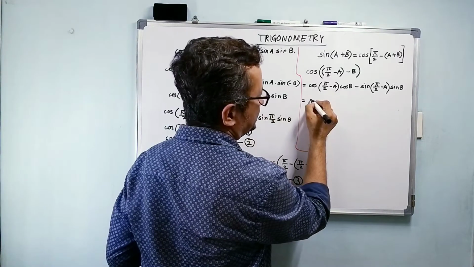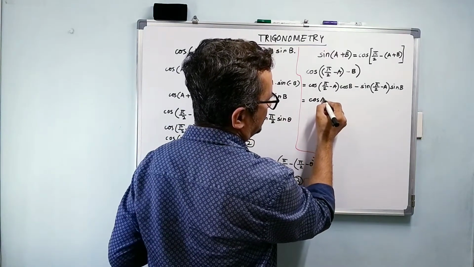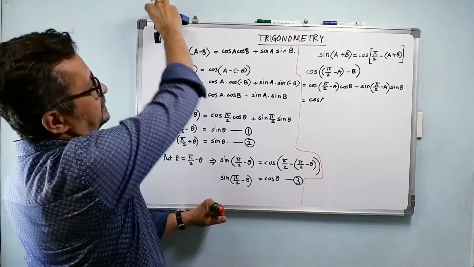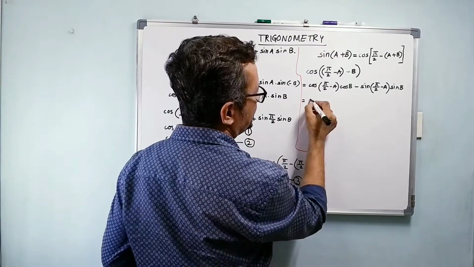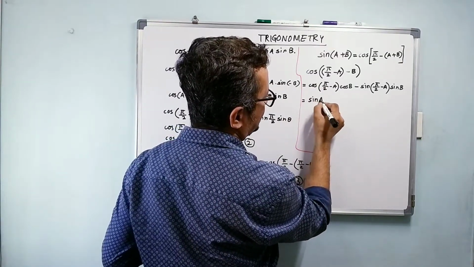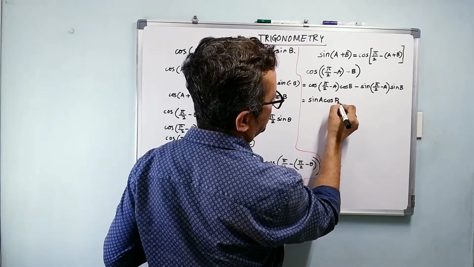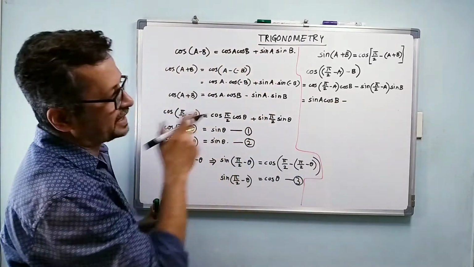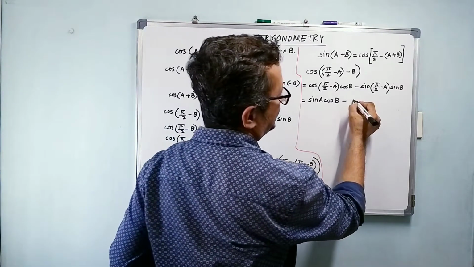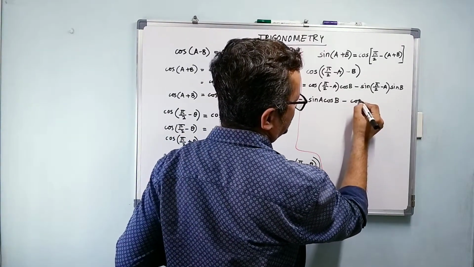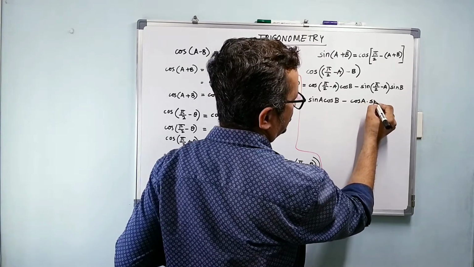So this is sine A cos B minus, and sine of pi by 2 minus theta is cos theta, so I will write this as cos A sine B.